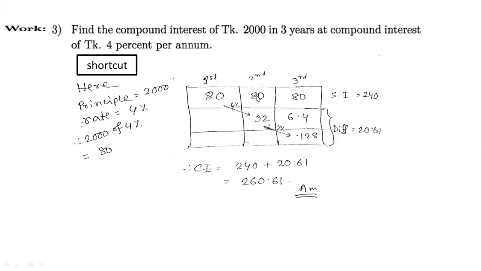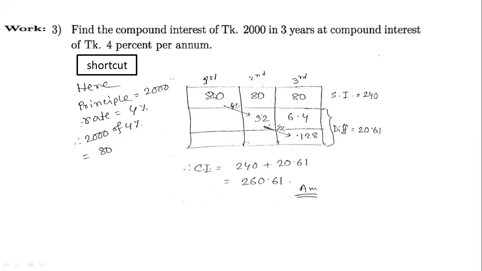So in simple interest there will be no change. Every year simple interest remains the same. But in compound interest, we already know from the first lecture that it is interest upon interest. So in the first year no problem, but in the second year the 4% comes on that interest.